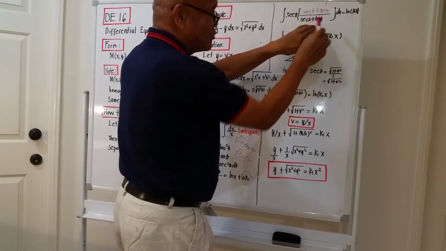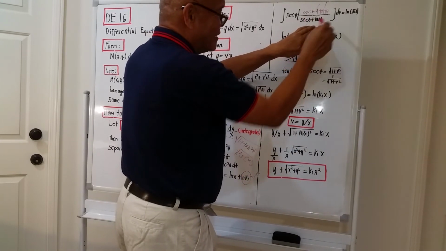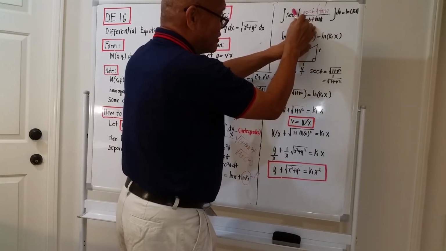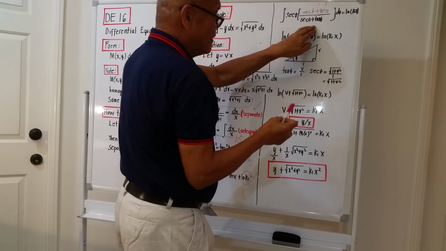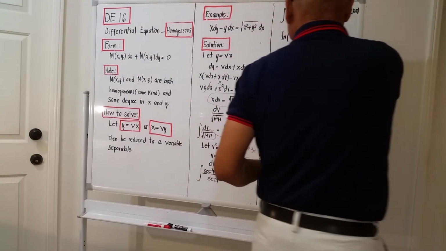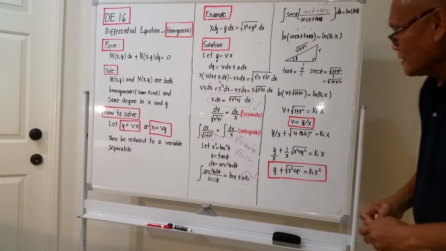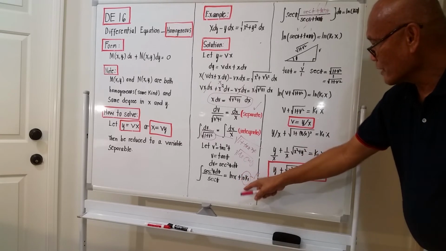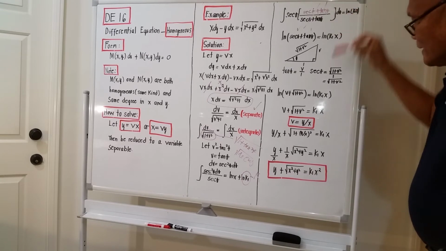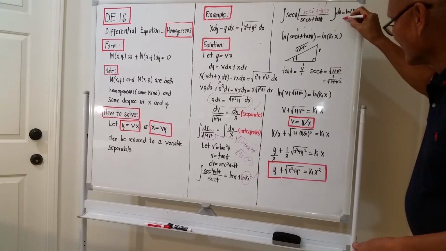This falls under natural logarithm. The value of u is secant plus tangent, because if we differentiate this, it is the same as the numerator. So what will come out will be natural logarithm of the quantity secant of theta plus tangent of theta equal to natural logarithm of x plus natural logarithm of k1. We can put it under one natural logarithm. The logarithm of the sum is actually the logarithm of the product, right?